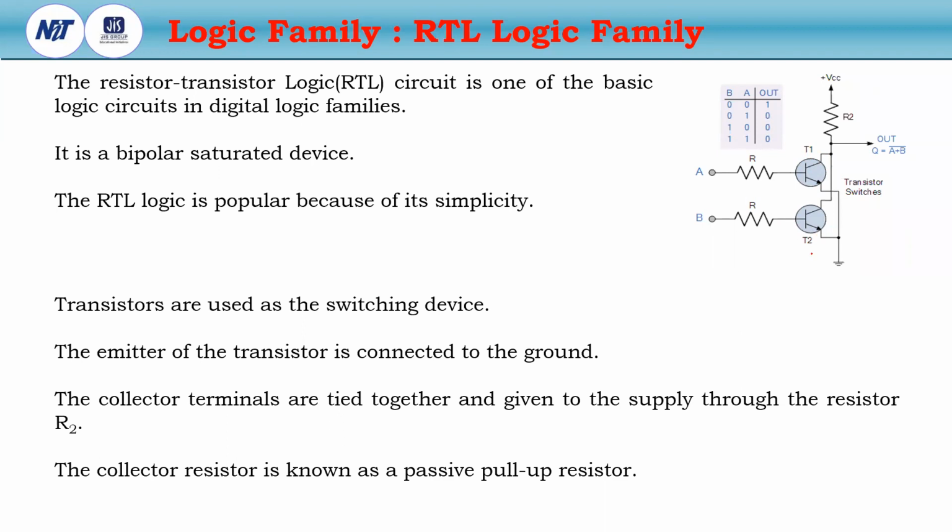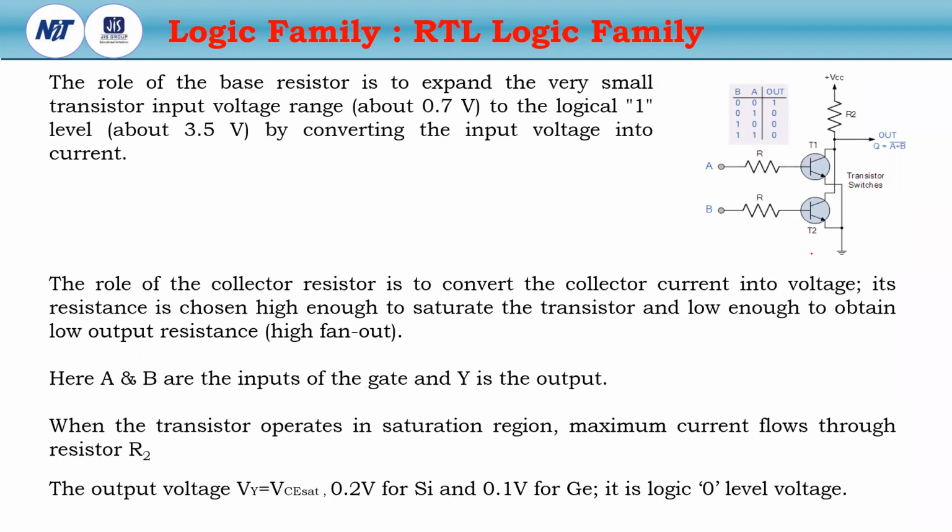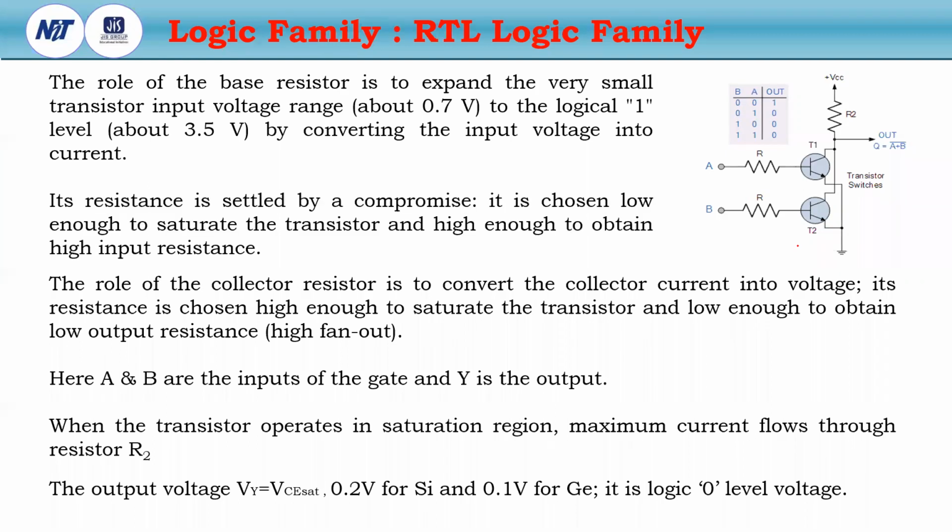Now the role of the base resistors is to expand the very small transistor input voltage to the logical one, approximately 3.5 volt, because the input voltage is the VBE, that is 0.7 volt, which should be converted to the logic 1 level of 3.5 volt by converting the input voltage into the current.